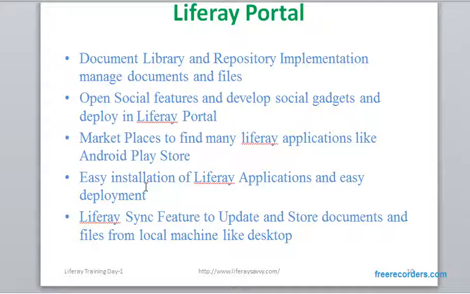For example, there are lots of gadgets available on the internet, like calendar gadgets and weather gadgets. These are developed by different people in CSS and JavaScript through web services. Those kinds of web applications we can simply get and deploy into Liferay portals.